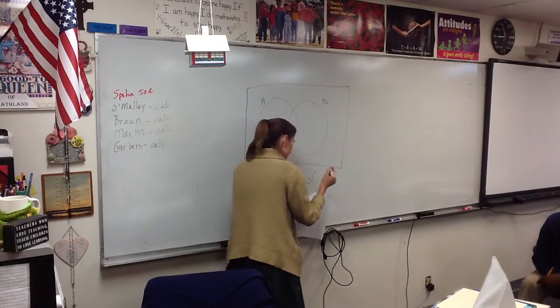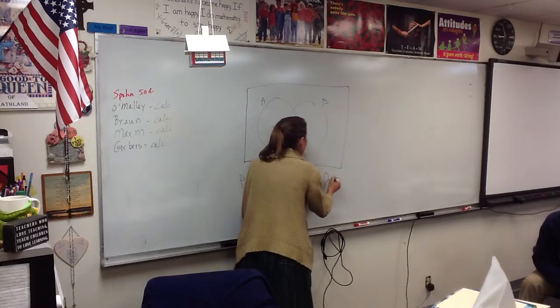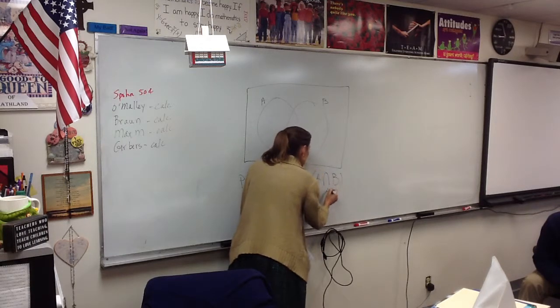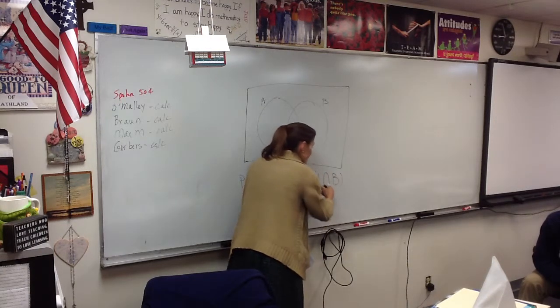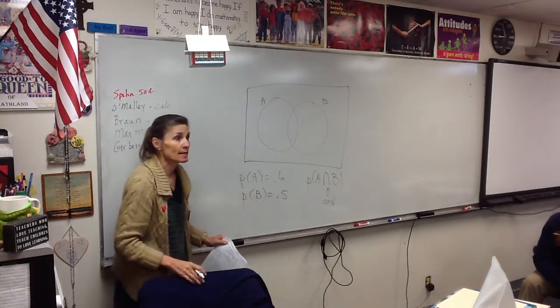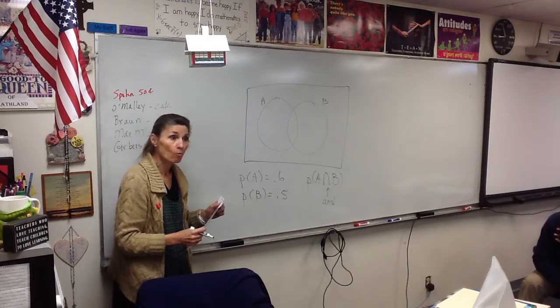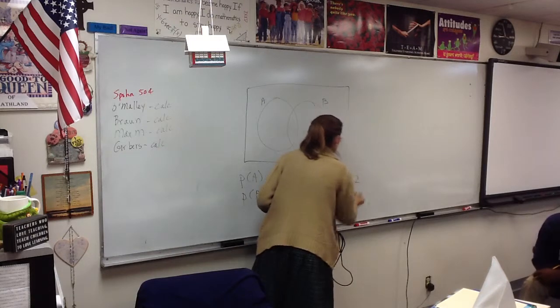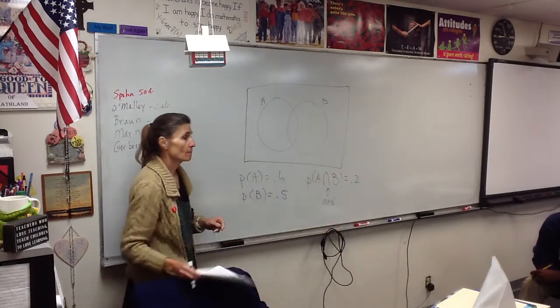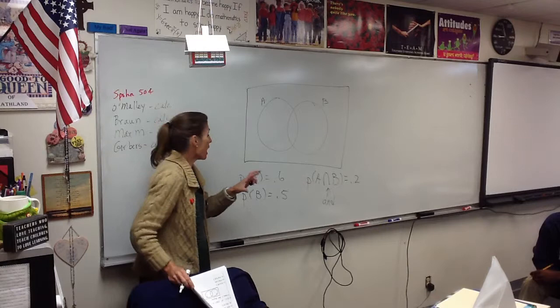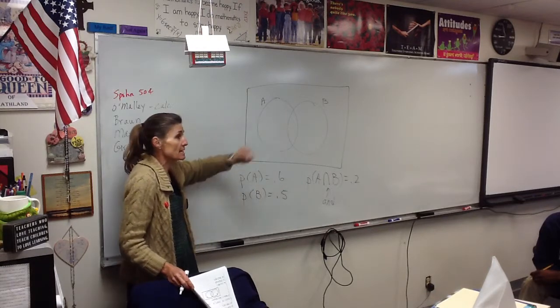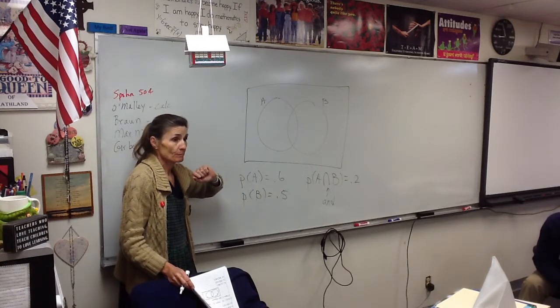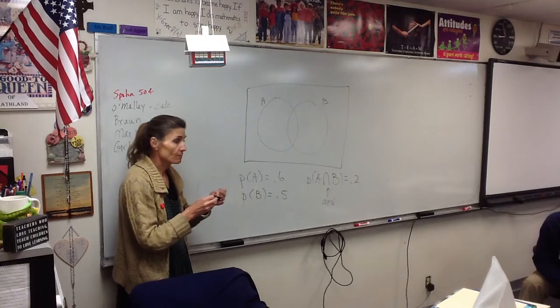And the probability of A and B, this means and. You learned that in geometry. That's called the intersection symbol. It means and, overlap. The probability of A and B is 0.2. Now, your job is to put those numbers into this Venn diagram. All right? You can do that. That's pretty easy.